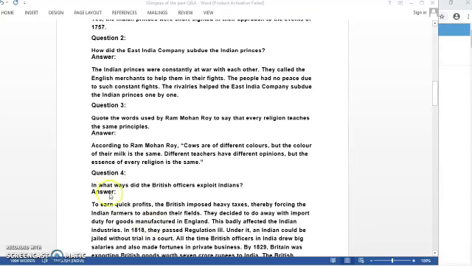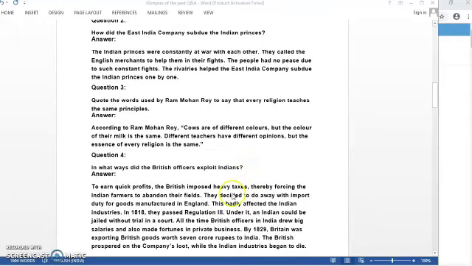Question number 4. In what way did the British officers exploit the Indians? Now answer. To earn quick profits, the British imposed heavy taxes, thereby forcing the Indian farmers to abandon their fields. The Indian farmers had to leave their fields because they could not pay the taxes.